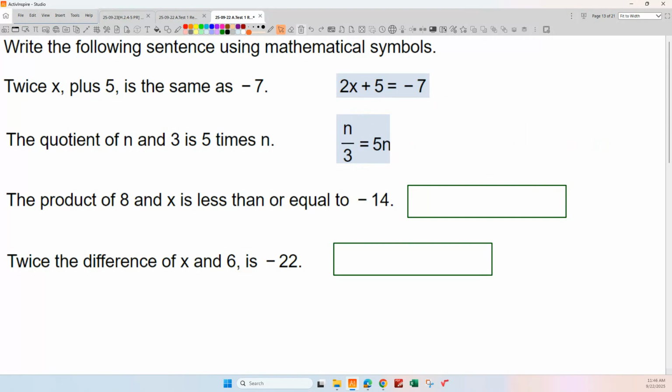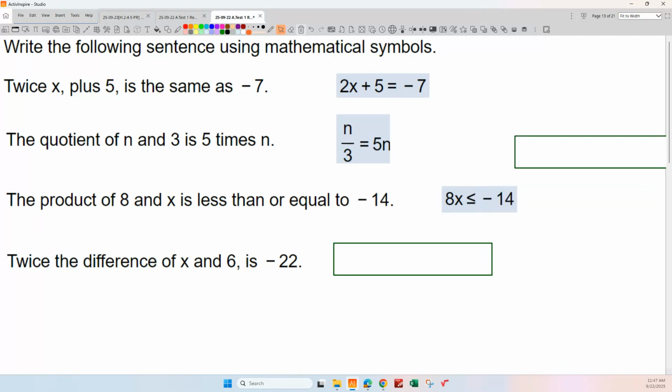The product of 8 and x, 8 times x, is less than or equal to. Yeah, so which way is that opening? Okay, like that, right? Good. It's less than or equal to negative 14. All right. Okay, this one's a little tricky. Twice the difference of x and 6.